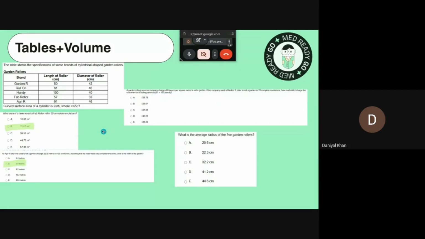I'll give you all about 5 seconds if you want to have a go at this question before I give the answer out and walk through it. Please pop your answers in the chat. Is it A, B, C, D, or E? Do we think it's A, B, C, D, or E?